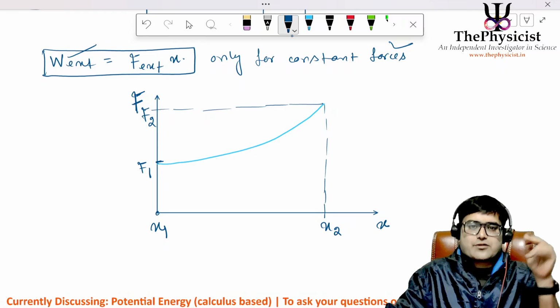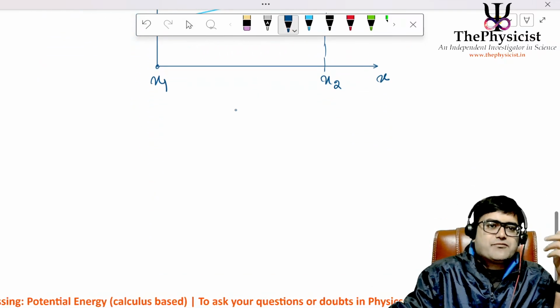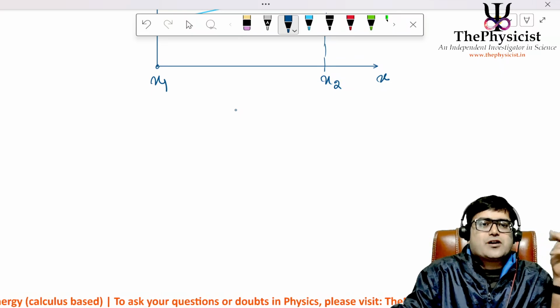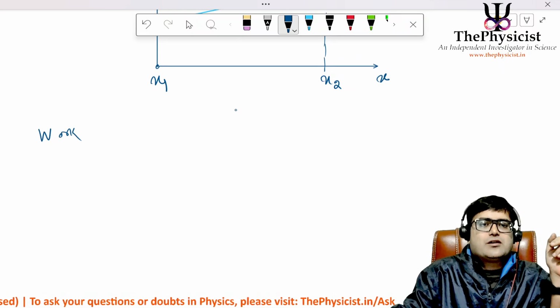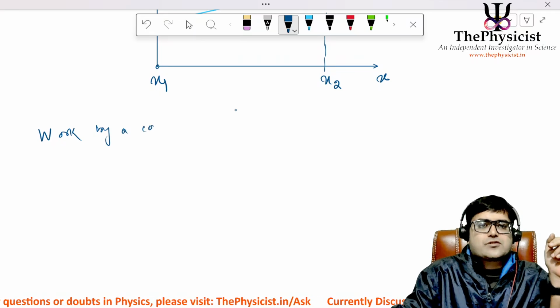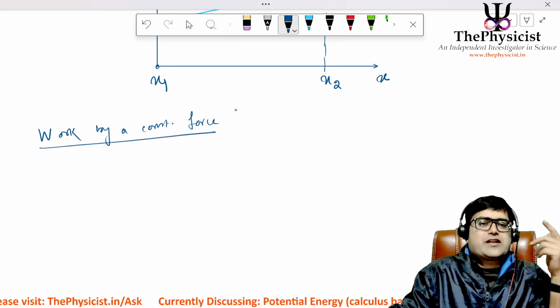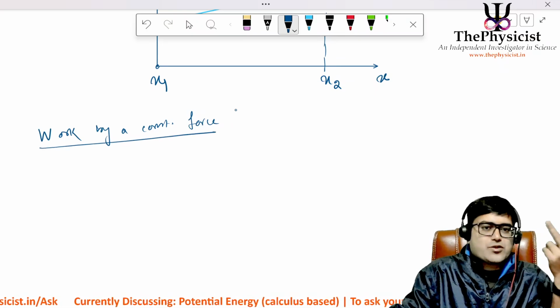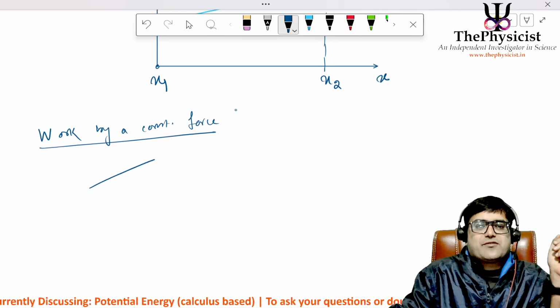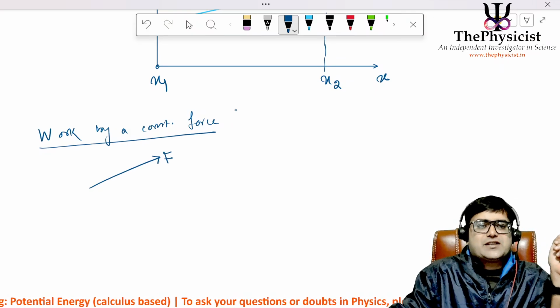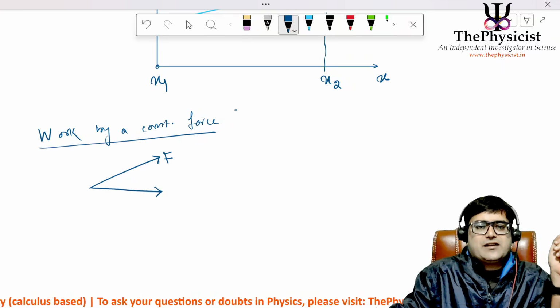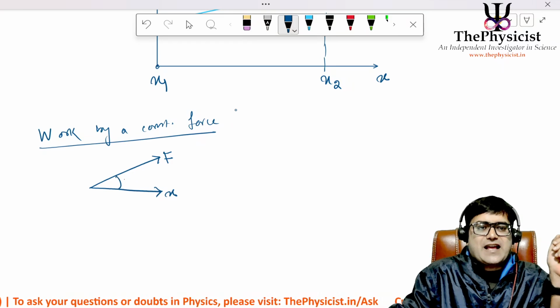So before I get to that, once again, what's the formal definition for the work by a constant force? Now that's not just F times displacement. Imagine the force is this and the displacement x is at an angle theta.